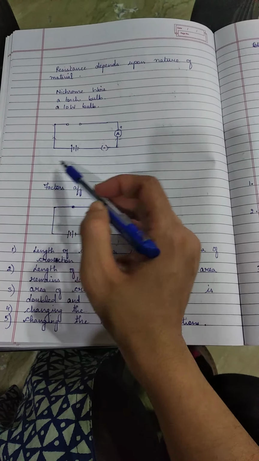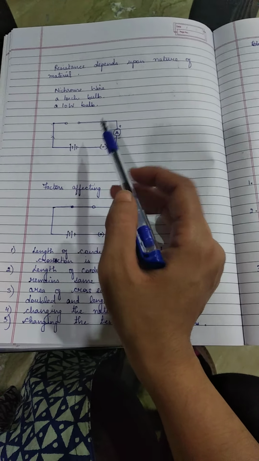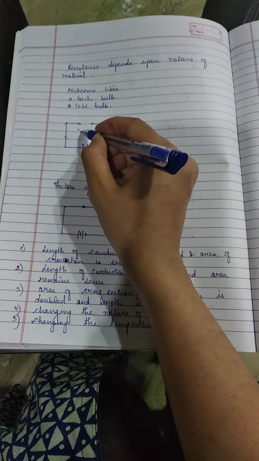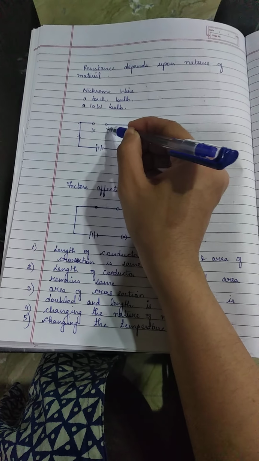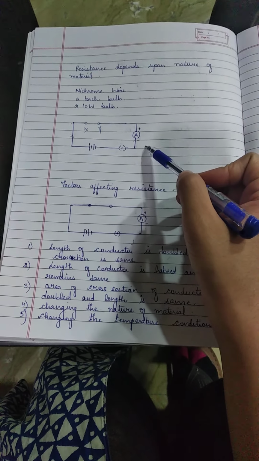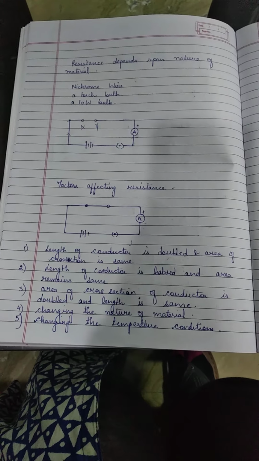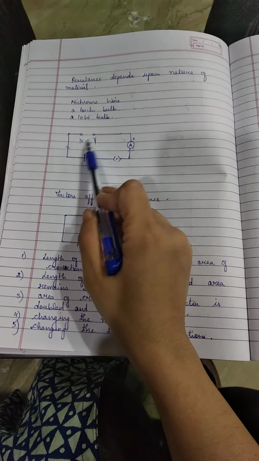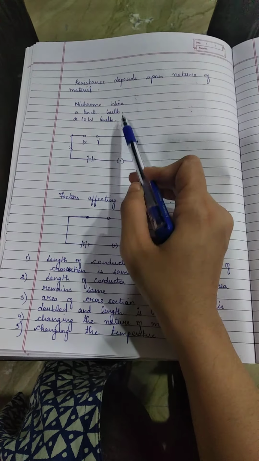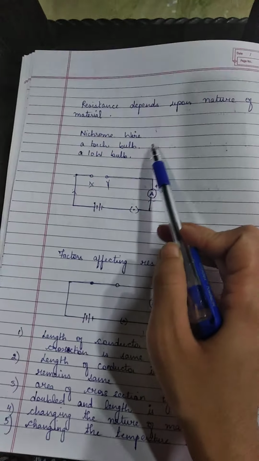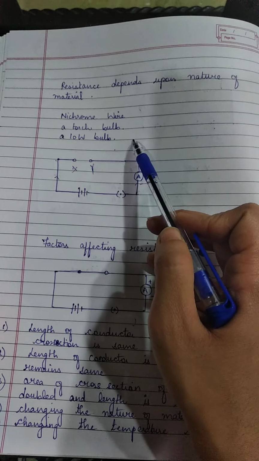This is also a setup for Ohm's law, but the space XY has been left empty. In this experimental setup, we will replace this gap with a nichrome wire, then with a torch bulb, and then with a 10-watt bulb.